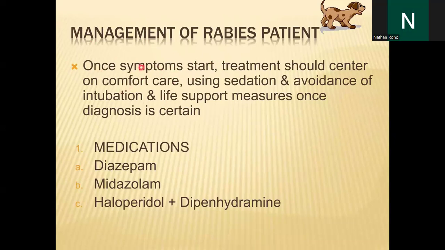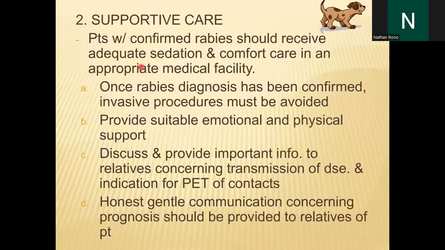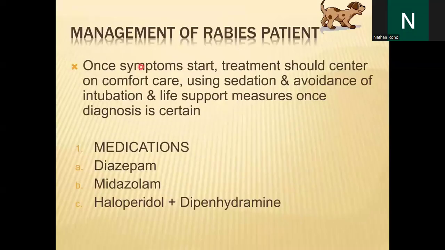Okay, so there's so much you can do. But the good thing is, between time of being bitten and symptom onset, it's a very long time, depending on where you are bitten, isn't it? We said the closer you are to the brain, the more immediate the symptoms will be seen.